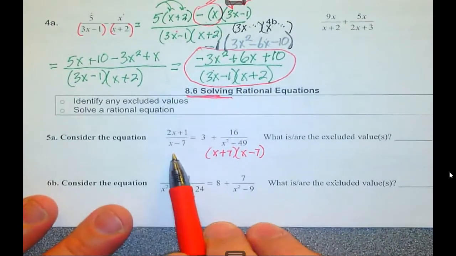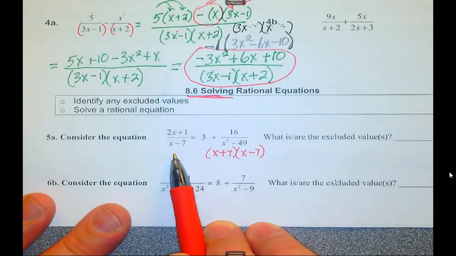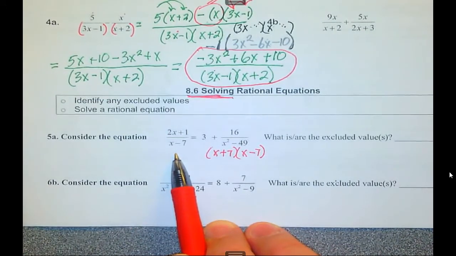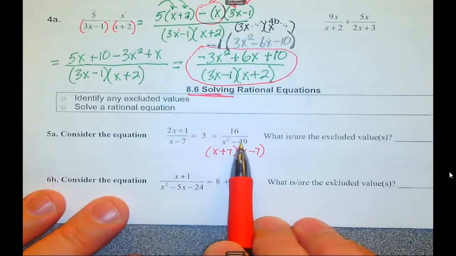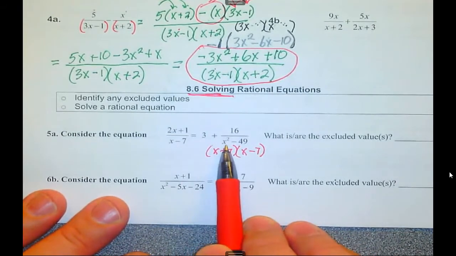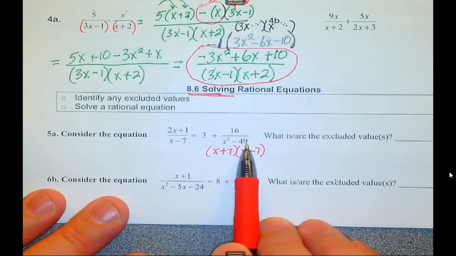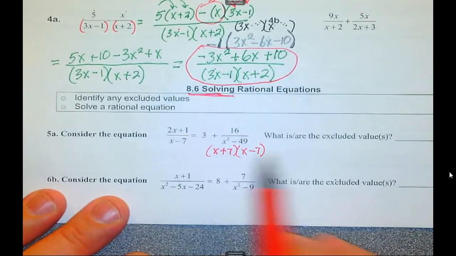here. I can't have 0 in the denominator. If one of these fractions becomes 0, then I'm done, because it's undefined. So first thing, factor everything and set all the factors equal to 0.